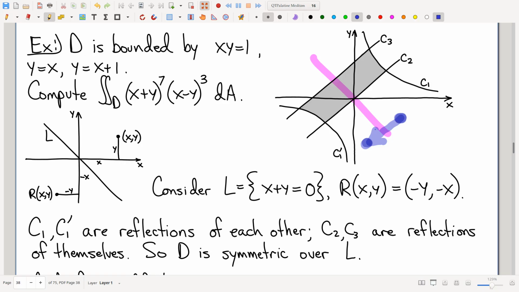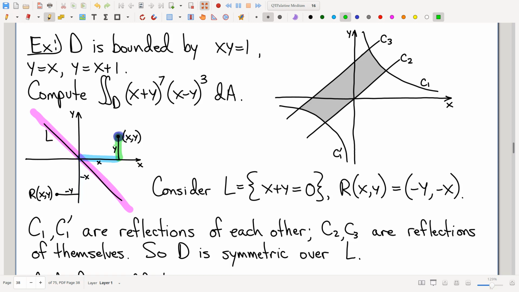The formula for the reflection, well, here's our line again. And I like to think in the following terms. Whatever input point you have, it has an x coordinate and it has a y coordinate. I'm going to suggest that we not think about this point in terms of an arrow coming out of the origin. Think about this point in terms of what I'm going to call its little rectangular frame there.